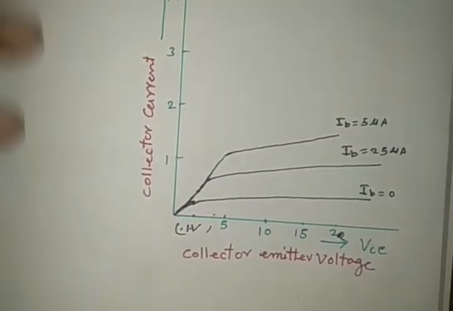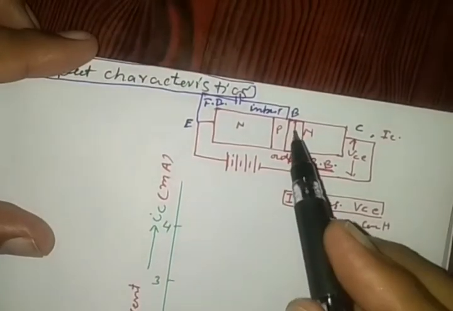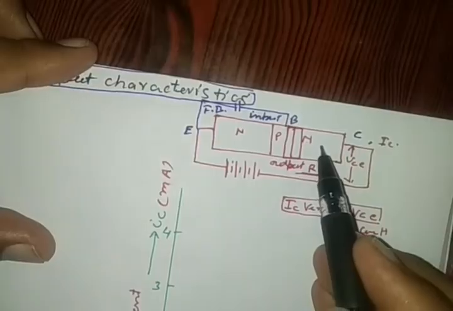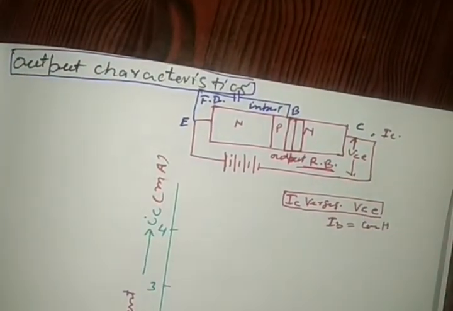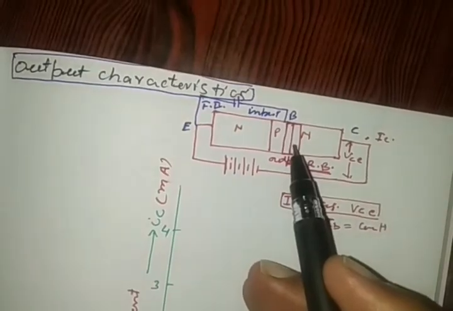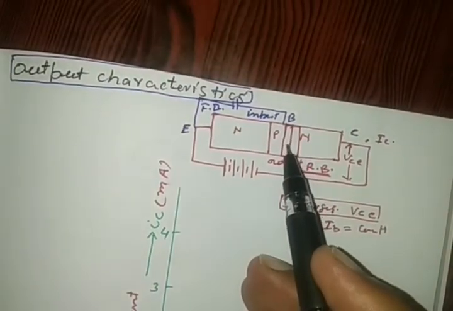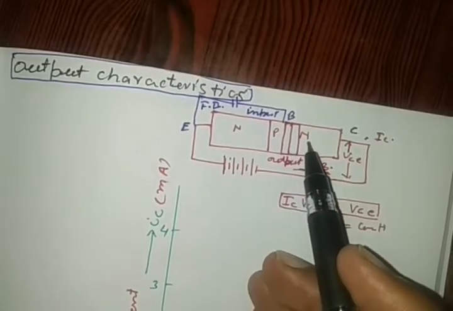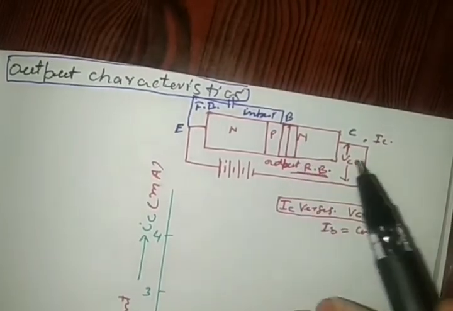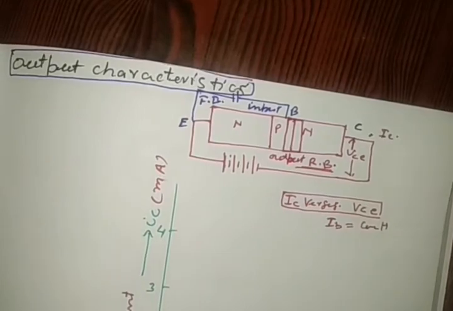Why does it become almost constant? See in the diagram, in reverse bias only the minority charge carriers cross the potential barrier, because it is elongated and the majority charge carriers cannot pass. Only minority charge carriers pass, and as a result current is formed.